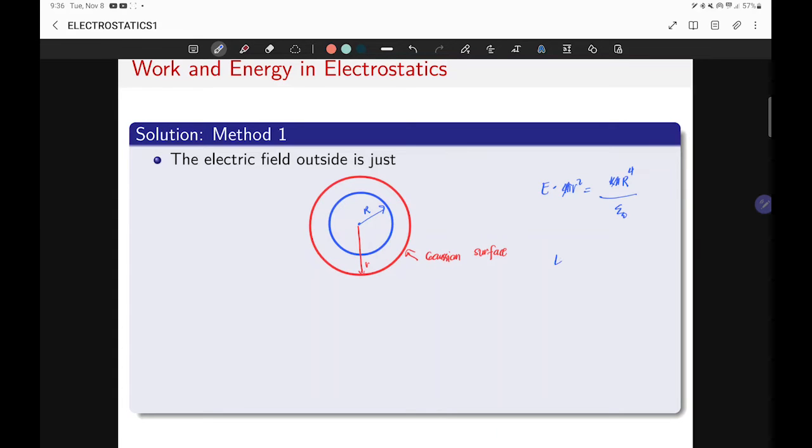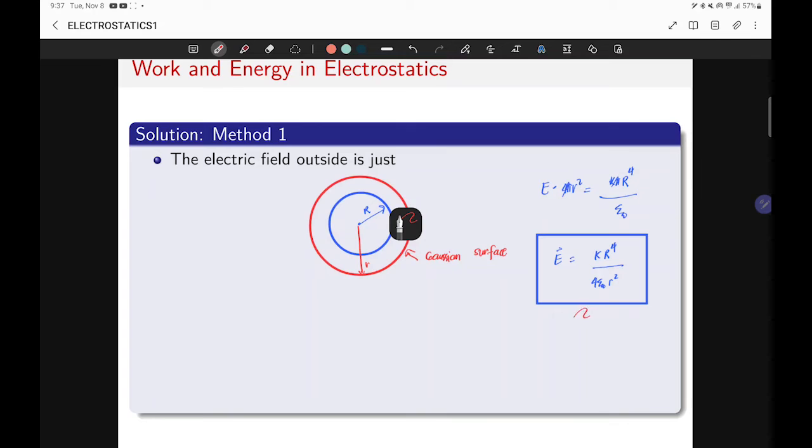So we are left with E equals K R to the fourth over 4 epsilon naught R squared. Okay, so that's your electric field outside.